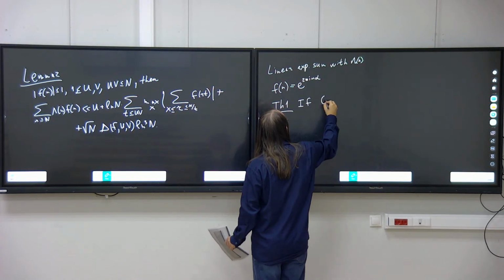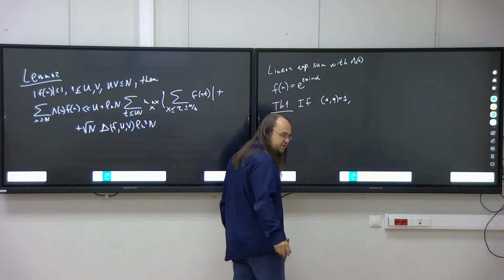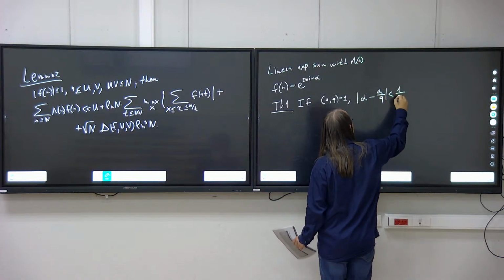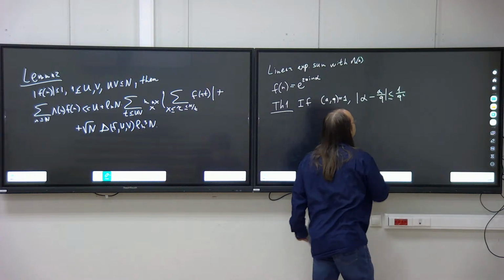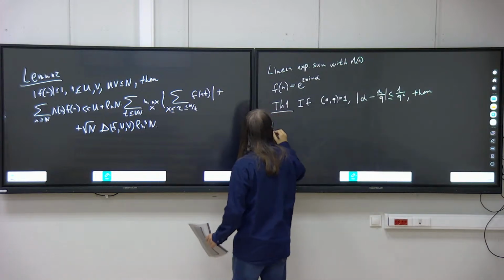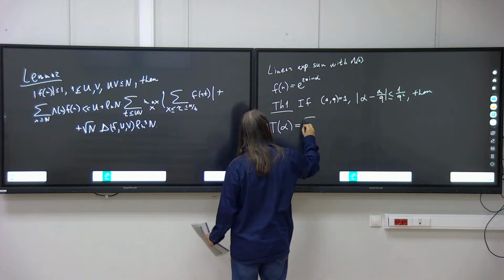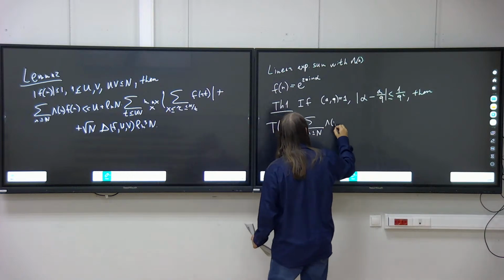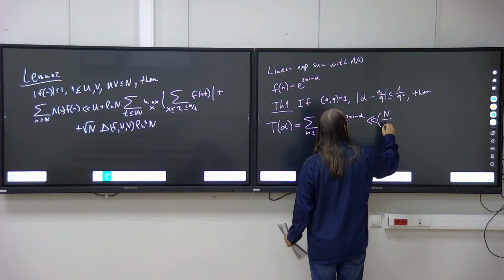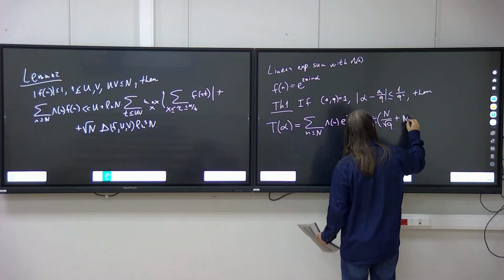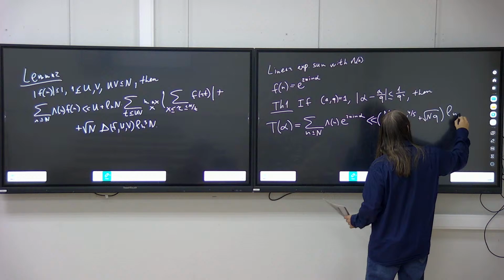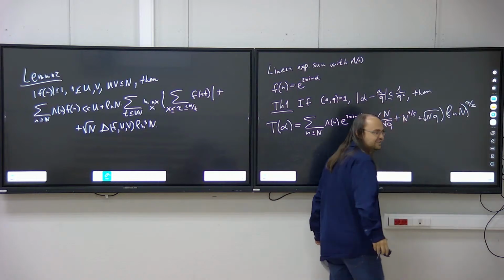If a and q are coprime, q is a natural number, and alpha minus a over q is less than or equal to 1 over q squared, then T of alpha, which is the sum over all n less than or equal to N, lambda of n, e to the power 2 pi i n alpha, can be estimated as follows: N over square root of q plus N to the power 4 over 5 plus square root of Nq, multiplied by logarithm N to the power 7 halves. Okay?